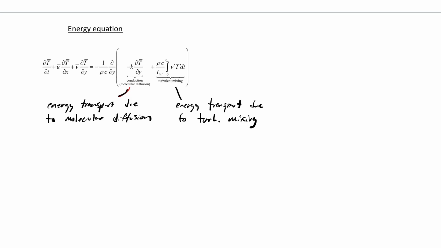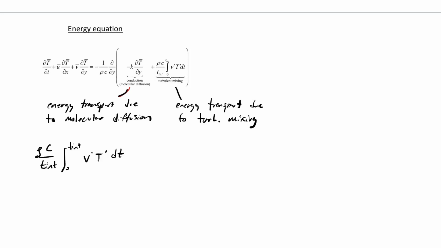Again, we can write this with a constant of proportionality. So that second term is going to be rho c over t int, integral from 0 to t int of v prime t prime dt.